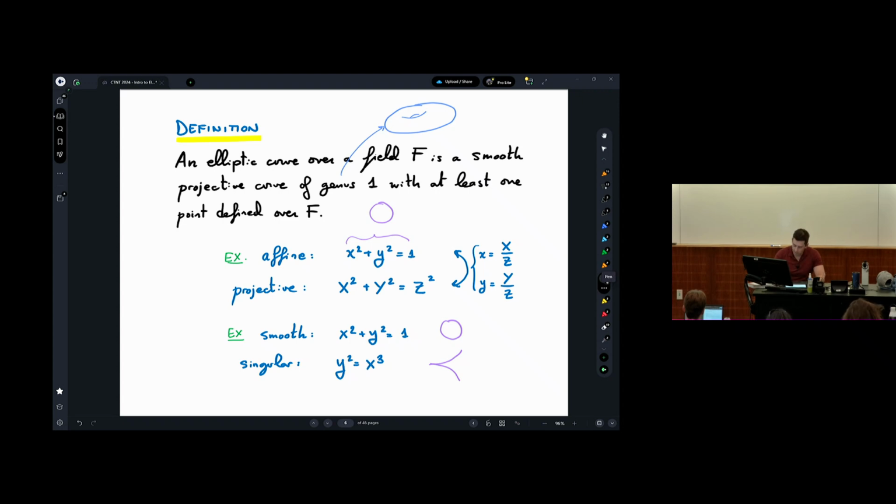And what happens is that at any point here, I can define a tangent line. You take the derivatives to define the tangent line, and there's a very well-defined tangent line. But at that point, at 0, 0, there is no well-defined tangent line. The derivatives vanish. Both the partials with respect to x and with respect to y vanish at 0, 0, and I can't pick a tangent line correctly. Okay.